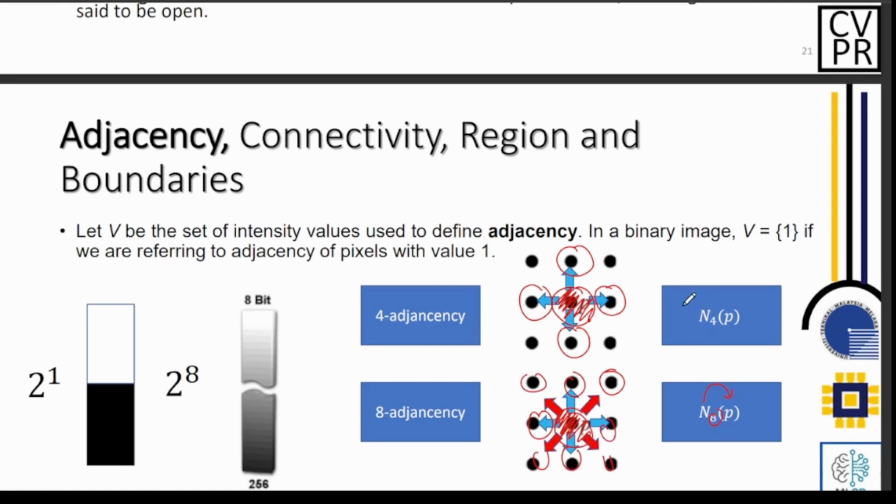Speaking of N4, we have only 4 pixels surrounding the P itself. So the difference between 4 and 8 is basically the straight line, while the other one is the cross line.